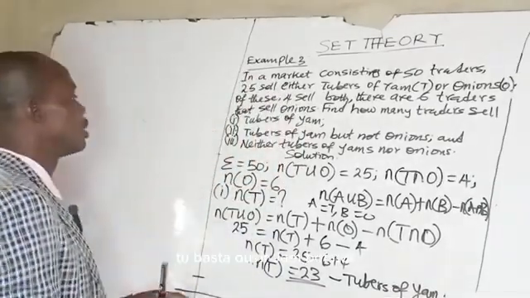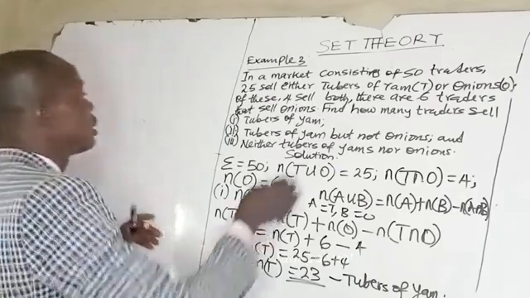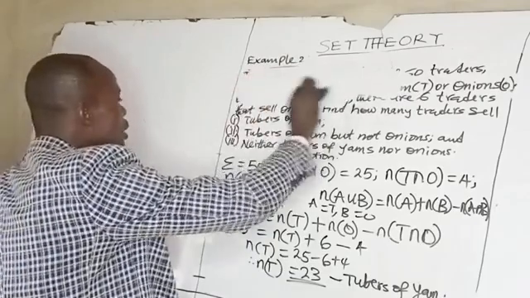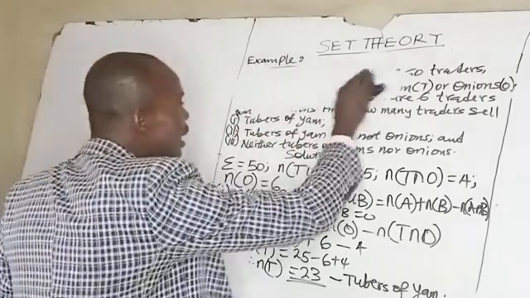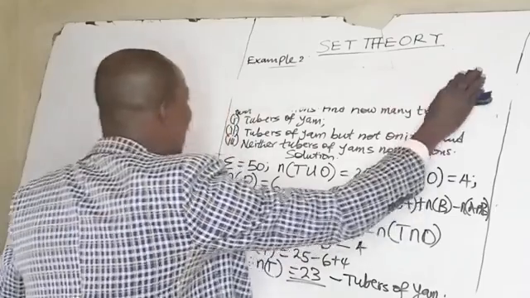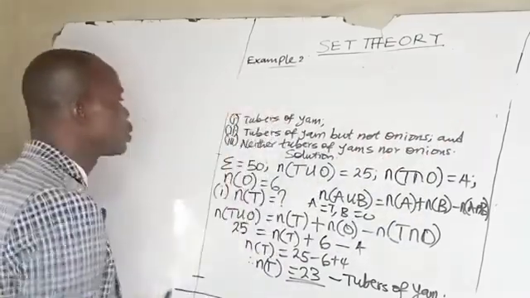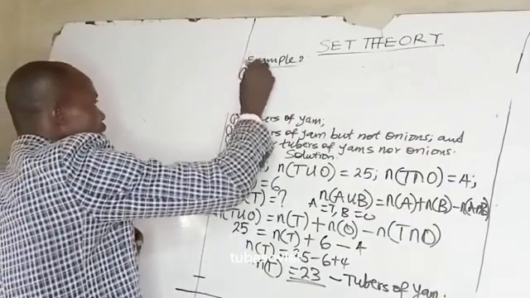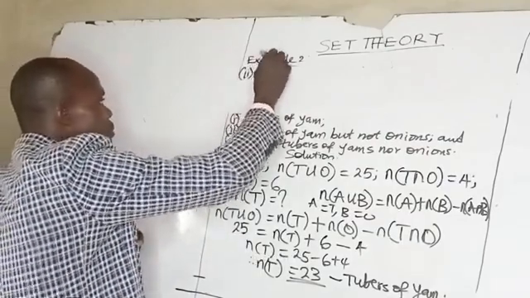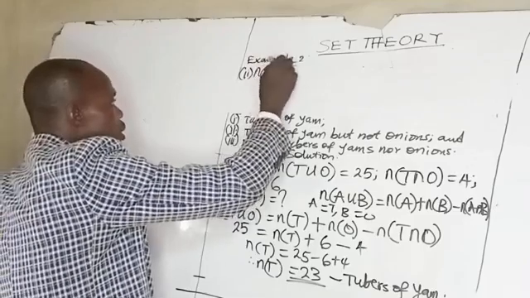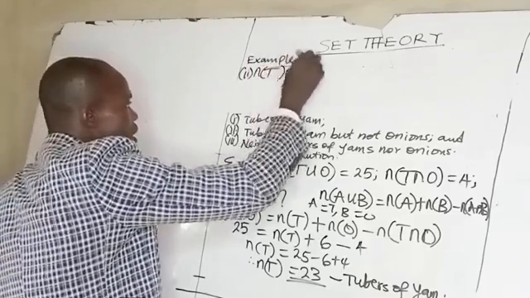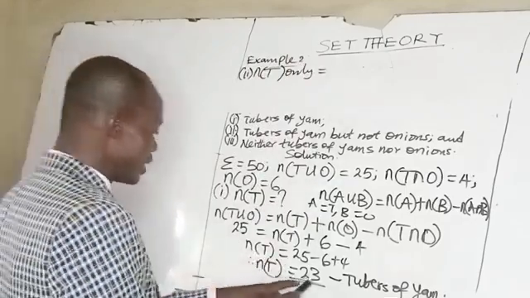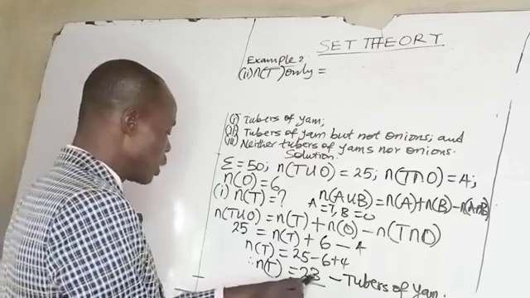Then 2, tubers of yam but not onion. That is referring to the number that sells tubers of yam only. So for figure 2, number that sells tubers of yam, T only. You know that the number that sells tubers of yam is 23.